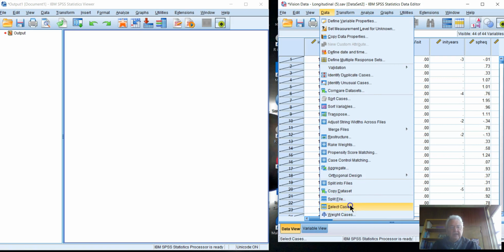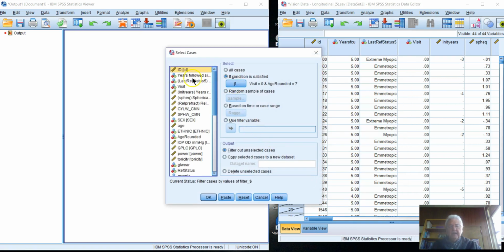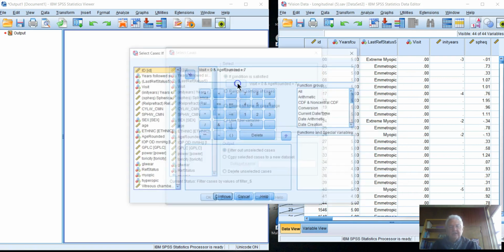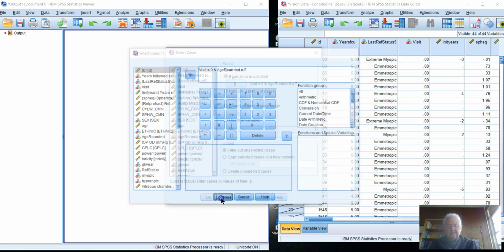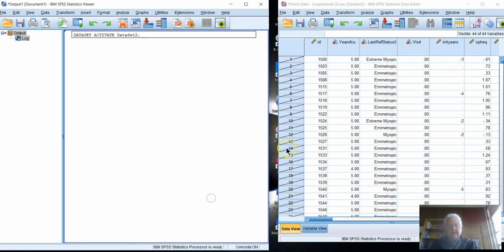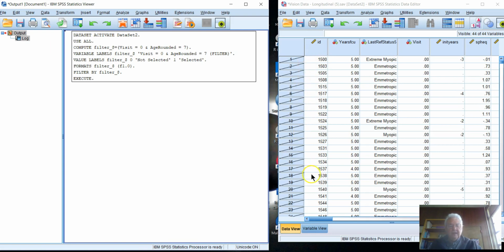And we're going to go to Data, Select, and if the conditions are satisfied, we want visit equals 0 and age rounded equals 7. Okay, so you can see here we get rid of a lot of cases, but there are still a few in there. Let's see if we can find one.